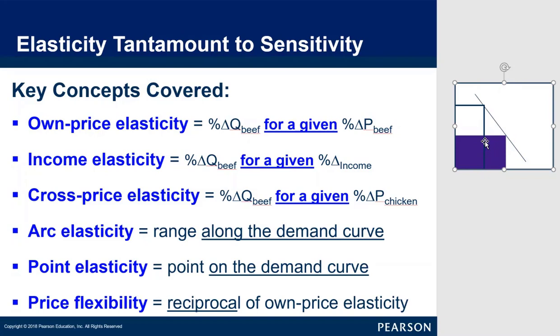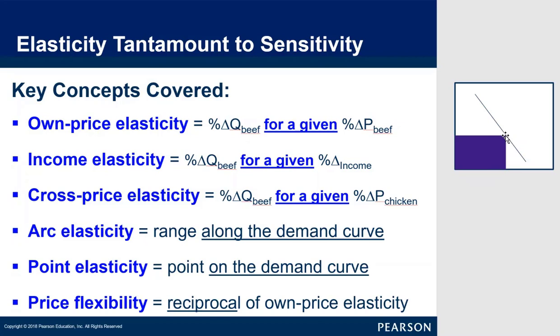Point elasticity would mean that at a given point, what is the elasticity? So if I get rid of this and I'm just saying that this is our current supply and demand at a given price, how much are they willing to consume? That point right there where it matches up to the slope is going to be our point elasticity. What is this elasticity at that point?